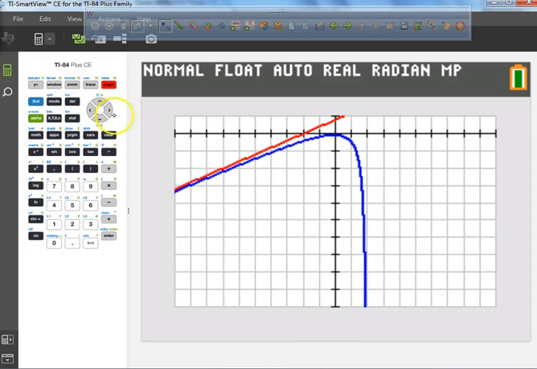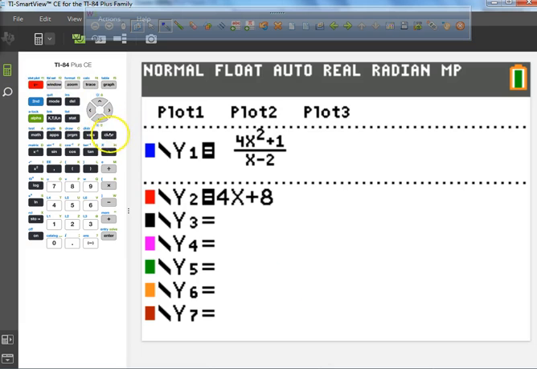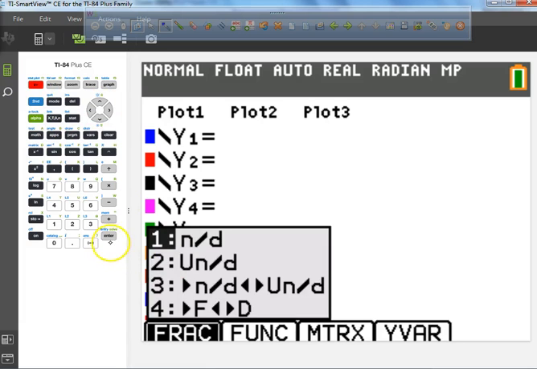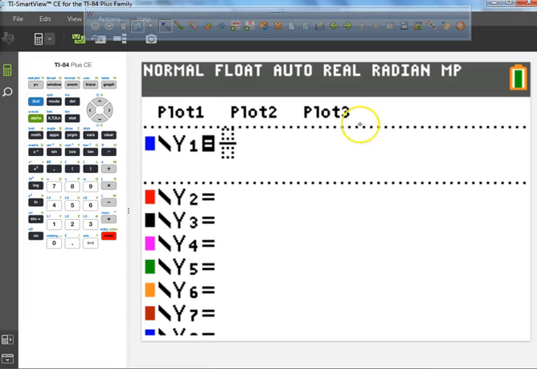Go to the graphing calculator, get y equals. This is our last one here that we're doing on the video. And the numerator we had, what, x plus 3? And the denominator we had x plus 1, and x minus 2.